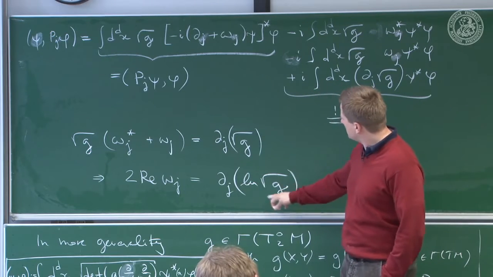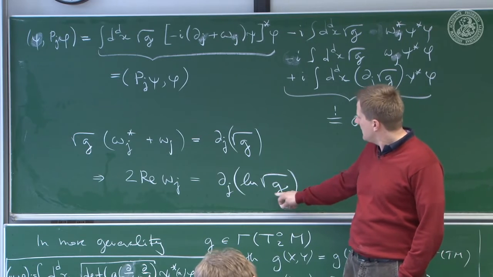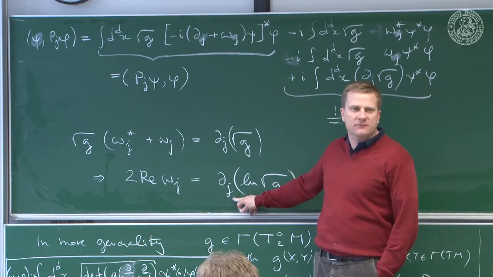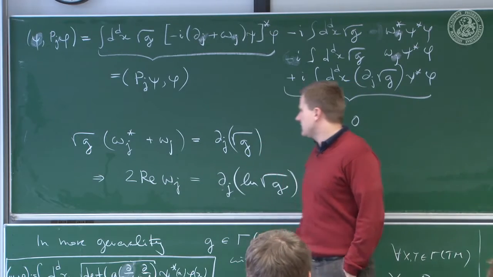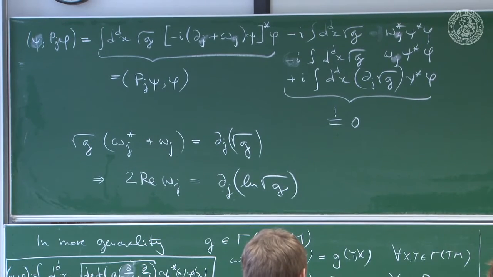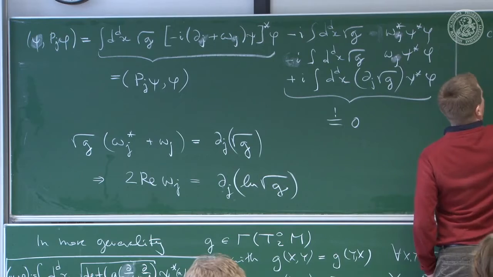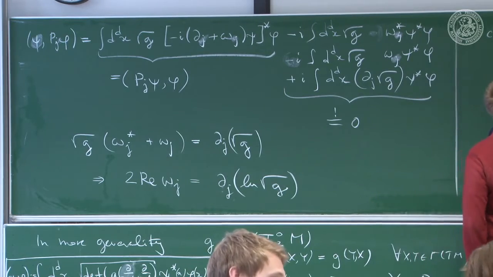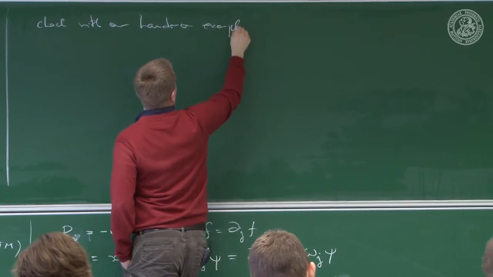In a local patch, take the square root of the determinant of your metric on the manifold, take the ln and derive with respect to the various coordinates, and you get the real part of the Yang-Mills field. So check with our hands-on example.